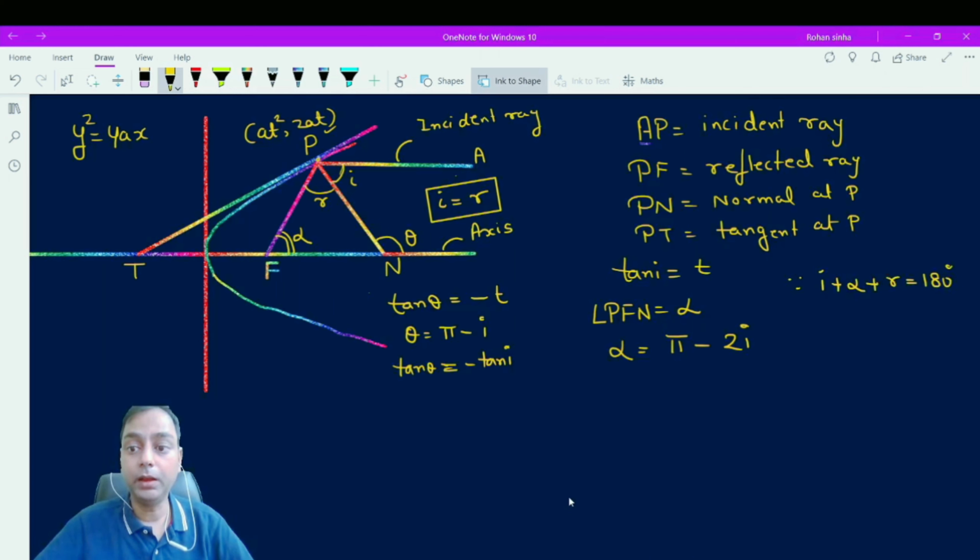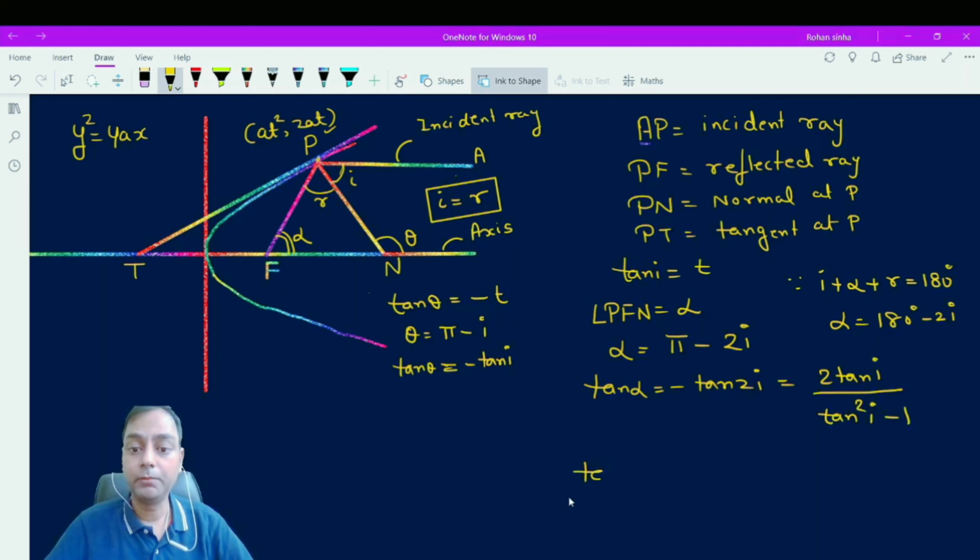And what about i plus r? i is equal to r, so alpha is equal to 180 degree minus 2i. So 180 degree is pi. So tan alpha is equal to minus tan 2i. So simply putting, this is 2 tan i upon tan square i minus 1.